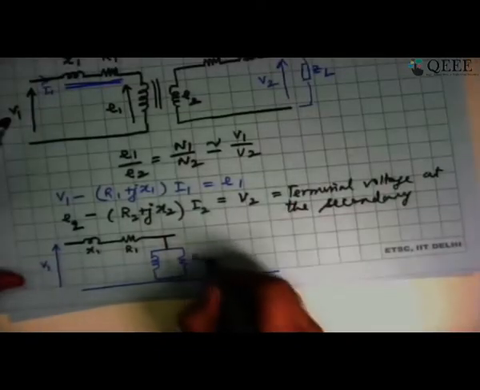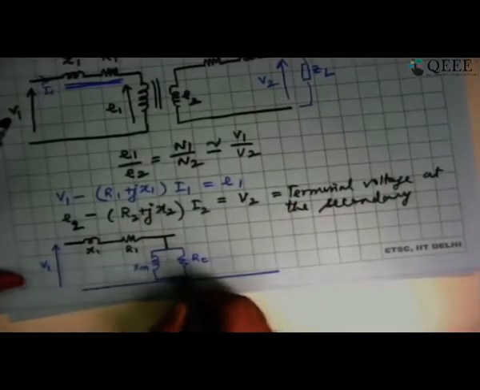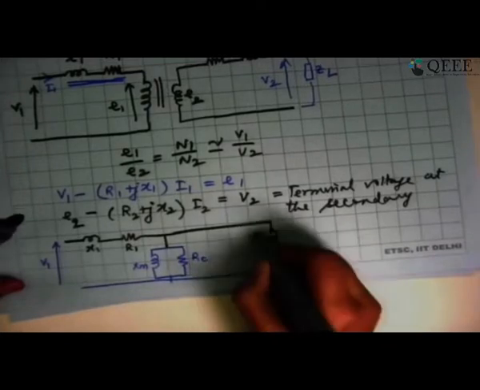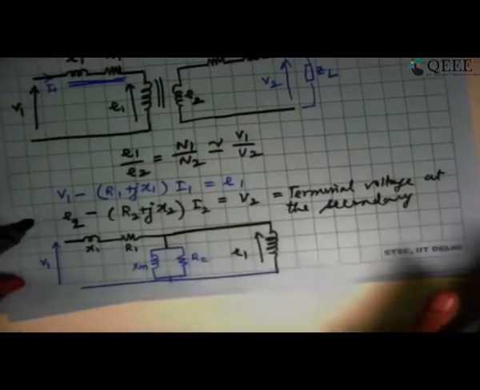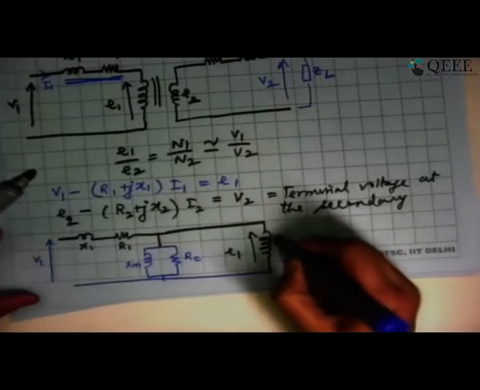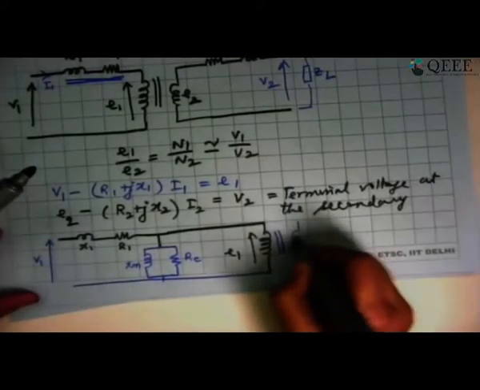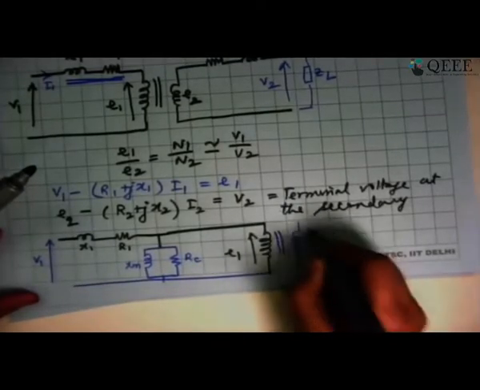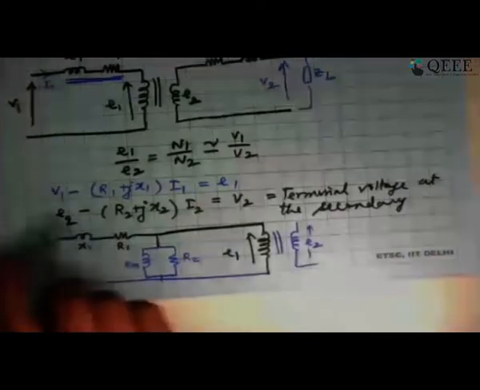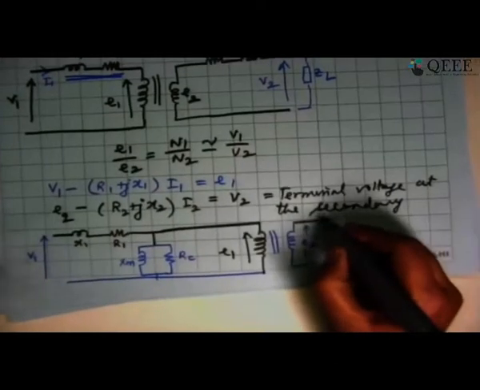Let me call this as RC. This is Xm. Now what is available is going to go towards my primary induced EMF, which is E1. Now here I'm going to have the core and I have E2 here. Now this E2 output of the secondary will be passed through the leakage reactance, resistance.